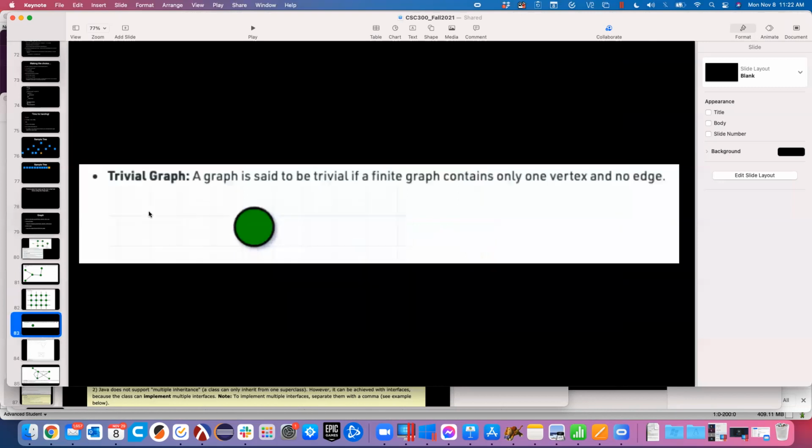Trivial graph, this is only interesting in computer science from a connection to, well, not a data structure, but an algorithm we had previously looked at called merge sort. Remember with merge sort, we talk about a list being trivially sorted, which means it's a 1 list.